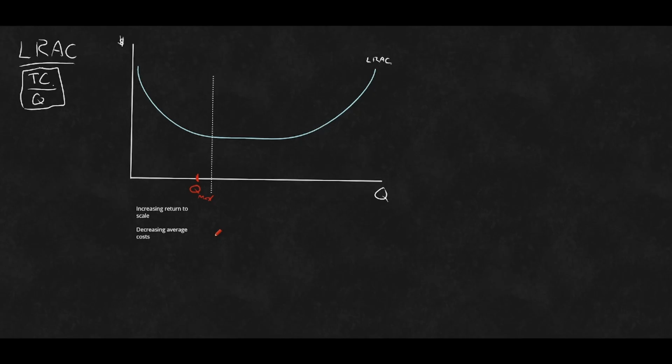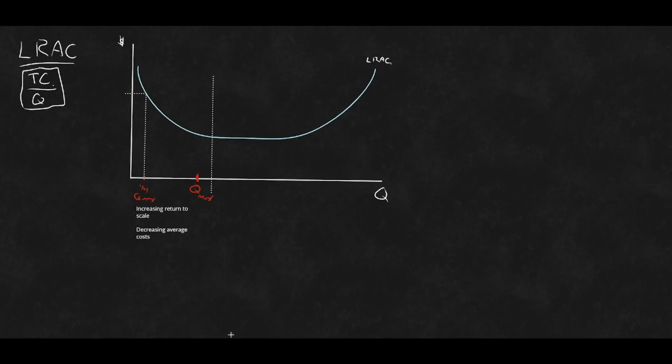So the issue is, if we split Q max between 4 different firms, so each of them are only getting 1/4 of Q max, well then, they are up here facing those unit costs. And so higher unit costs are going to translate into higher prices for the consumer, for you and I.